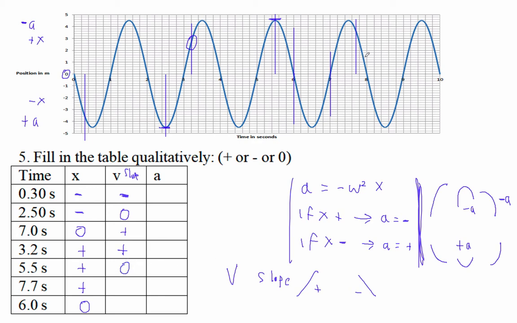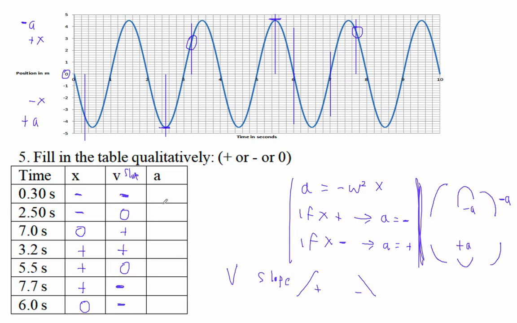All right, let's see, 7.7. That's this spot here. That looks like a negative slope to me. And then let's see, 6. That's also a negative. That's a maximum negative slope. Okay. And then let's look at the accelerations.